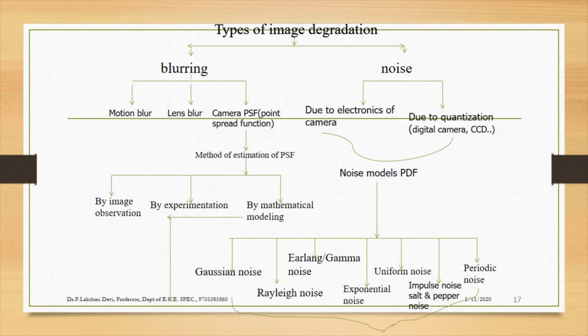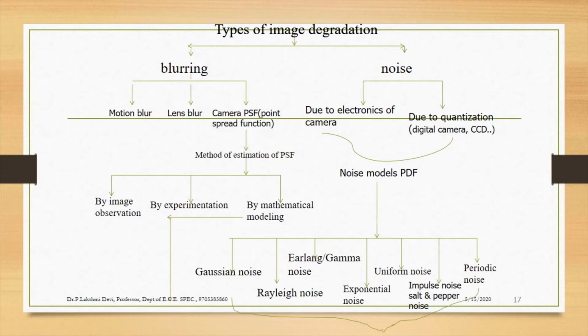If the point spread function has some problem due to age, service, or a manufacturing mistake, it can vary over the lifespan of that particular camera. That effect also leads to some sort of blur on captured images, which we call blurriness due to the camera point spread function.